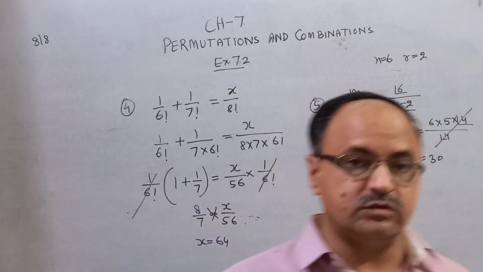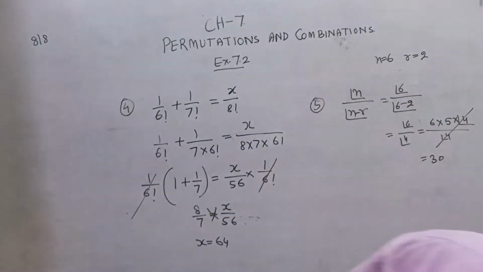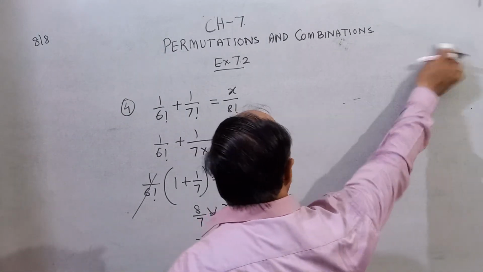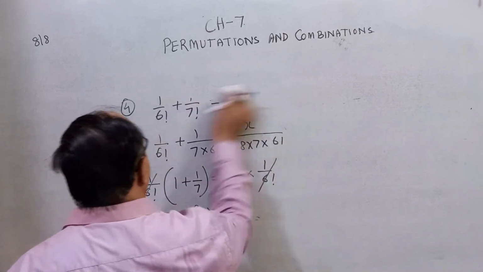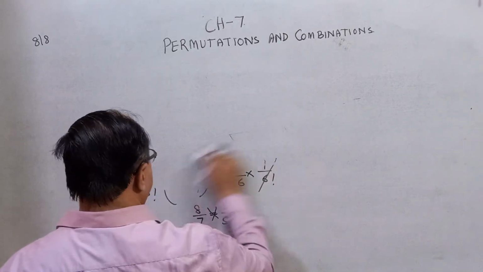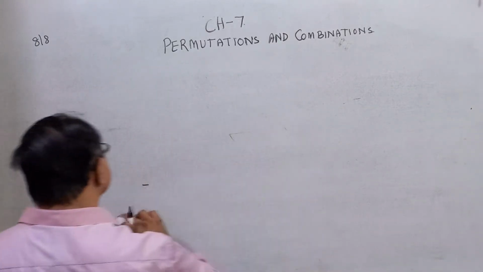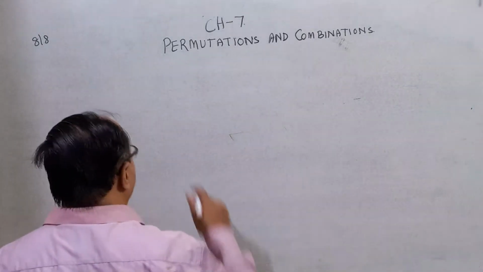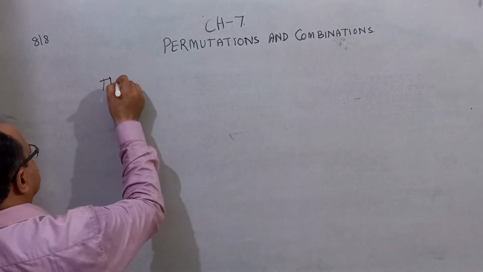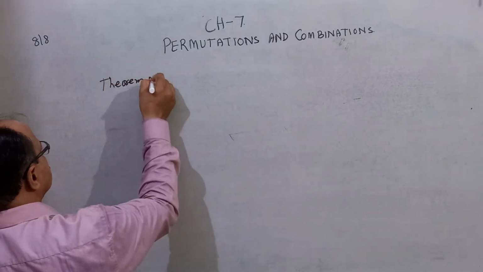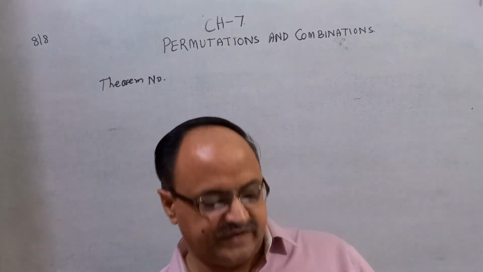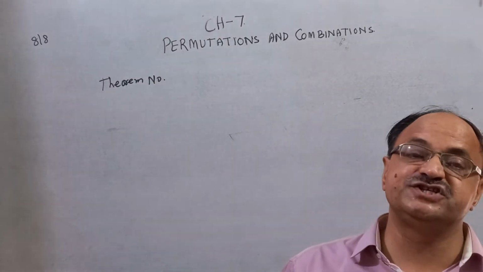Now, theorem number 2. The number of permutations of n different objects taken r at a time when repetition is allowed.